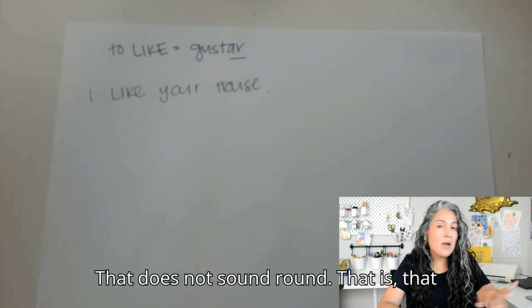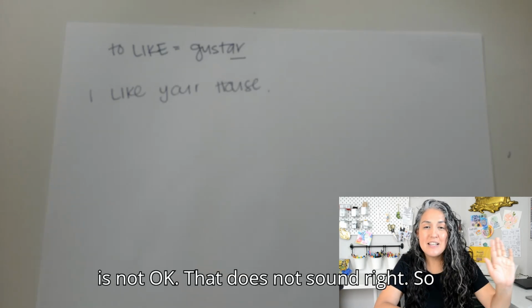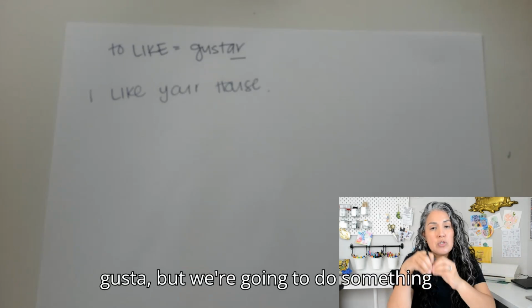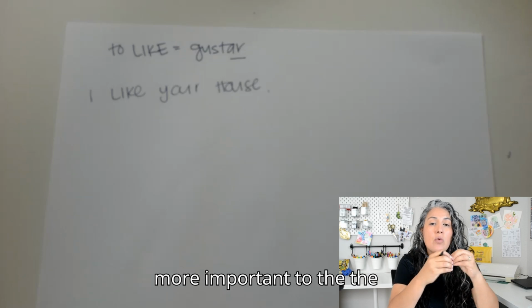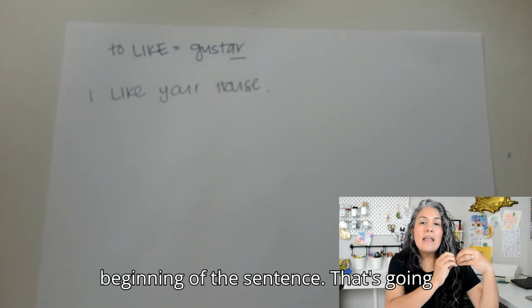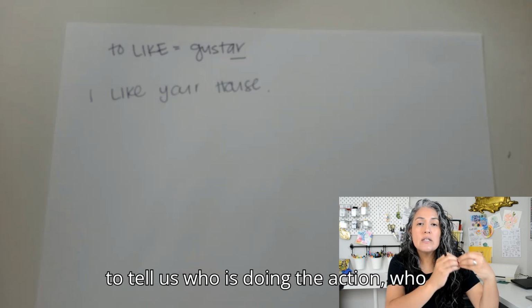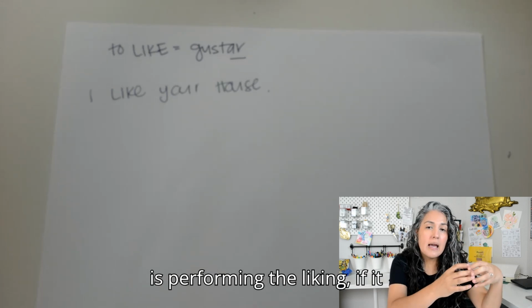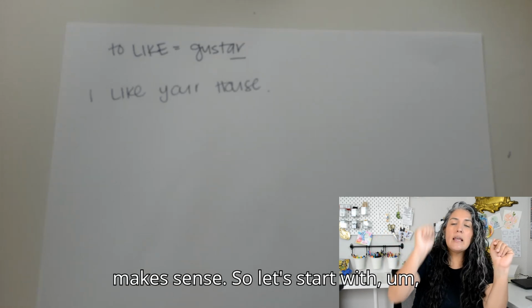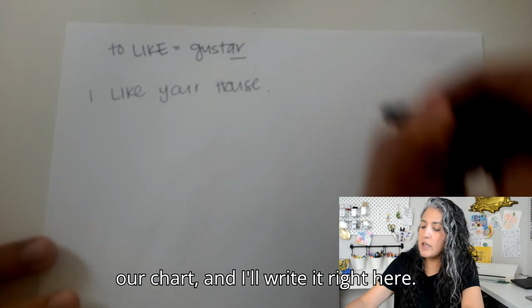That does not sound right. So we're going to do something to the verb gusta, but we're going to do something more important to the beginning of the sentence. That's going to tell us who is doing the action, who's performing the liking, if it makes sense. So let's start with our chart, and I'll write it right here.